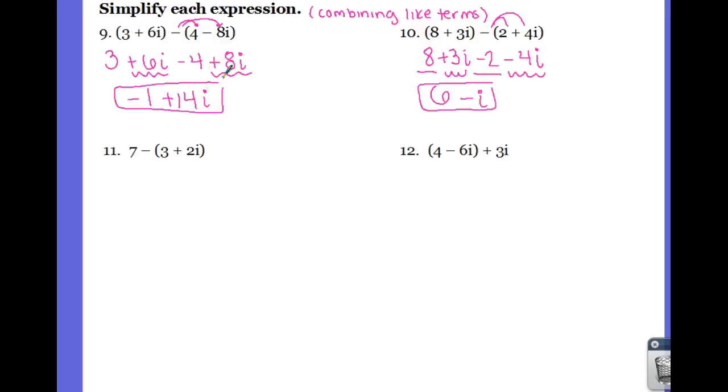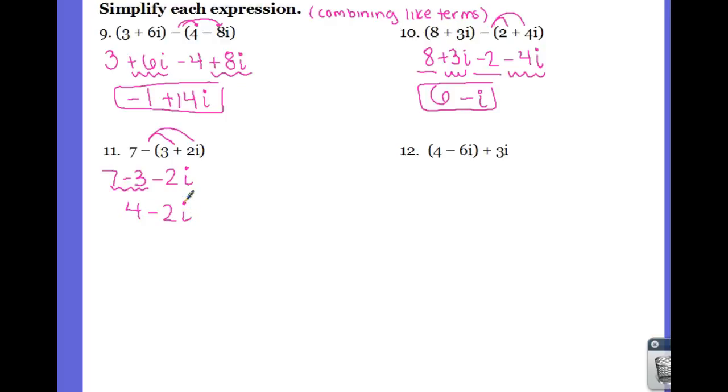Seven minus 3 and negative 2i. You have to distribute the negative to both. So it's 7 minus 3 minus 2i. 7 and 3 give 4 minus 2i.